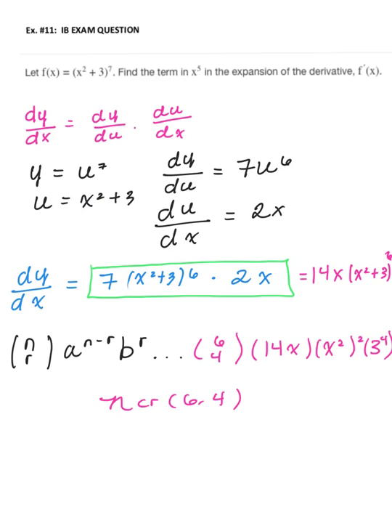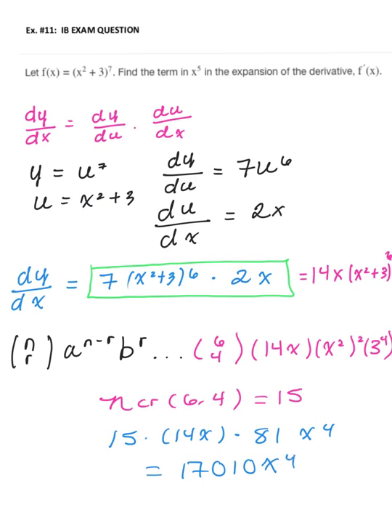Okay. And I believe that gives you 15. So you have 15 times 14x times 81 x to the 4th, which is 17010 x to the 5th.